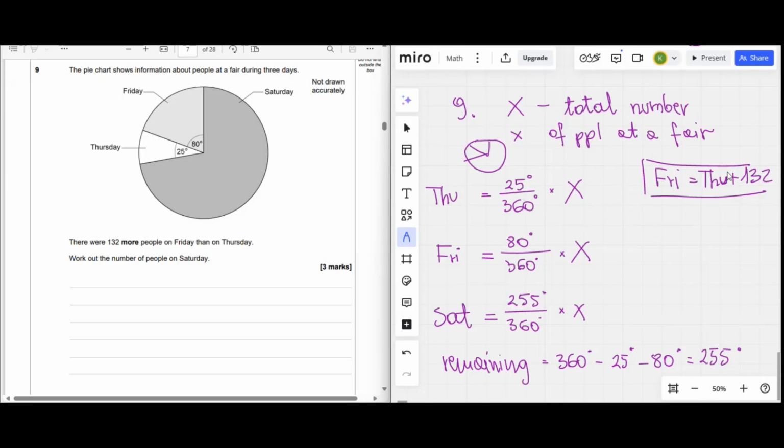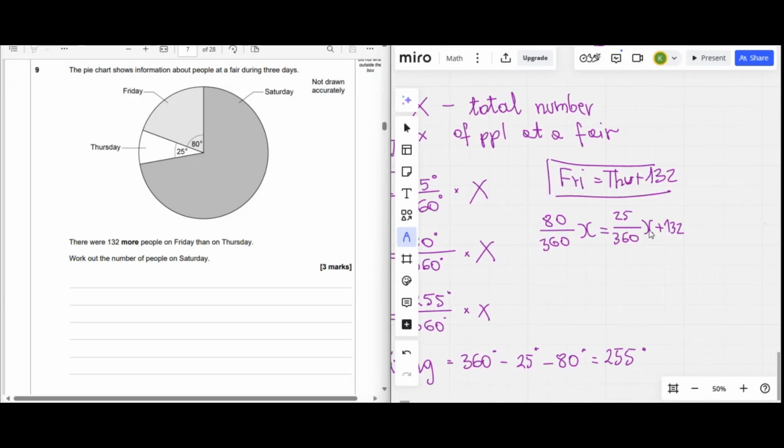Okay, so having that, we can then substitute what we found out being the Friday number of people. Friday number is 80 by 360x, and Thursday is 25 over 360x, and to that Thursday we need to add 132. Thanks to that, we have an equation that we need to solve for x.